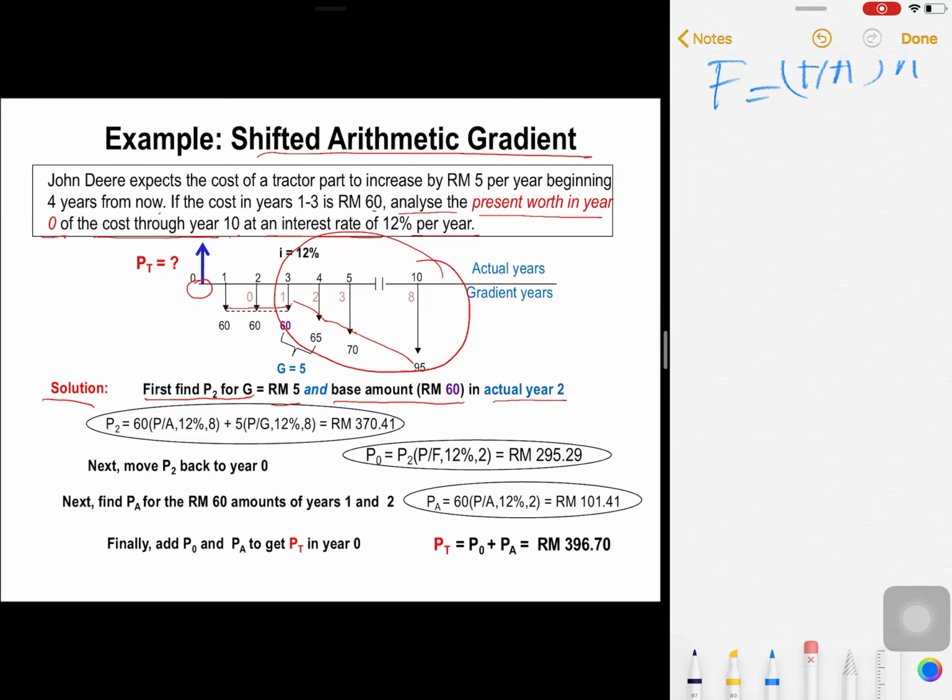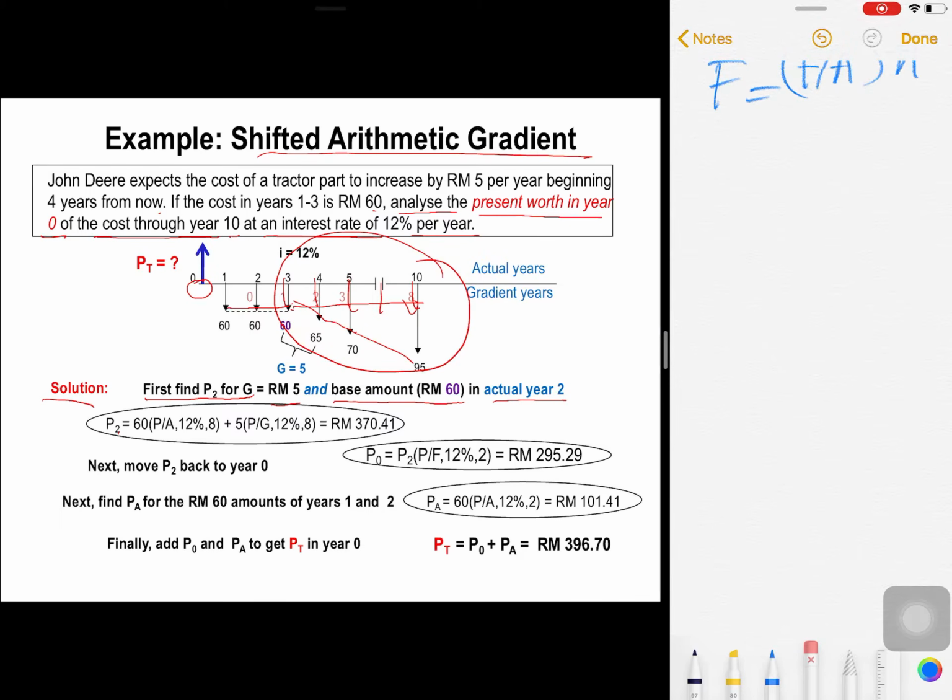So find the base amount. You want to find A, 60 ringgit, until year 10. So how do we solve for that?